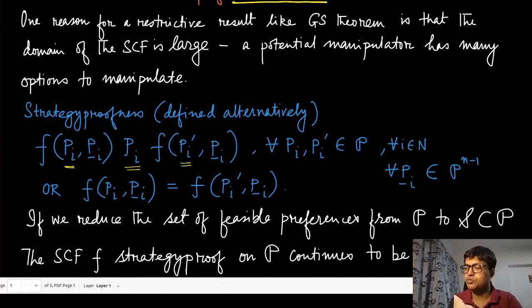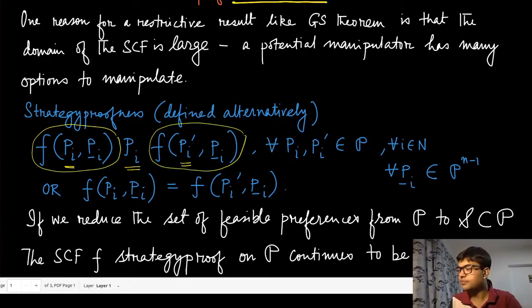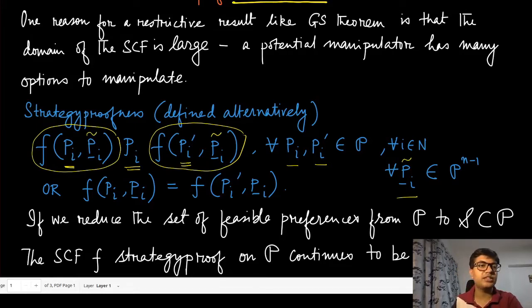So it should prefer the outcome that it gets when it does not misreport versus when it misreports. And this preference ordering holds for all Pi and Pi prime, and also for all P minus i, for all the other players. In particular, if we want to make sure that this can be any arbitrary Pi prime, we can use the tilde to denote that other players might misreport their preferences. It does not really matter.